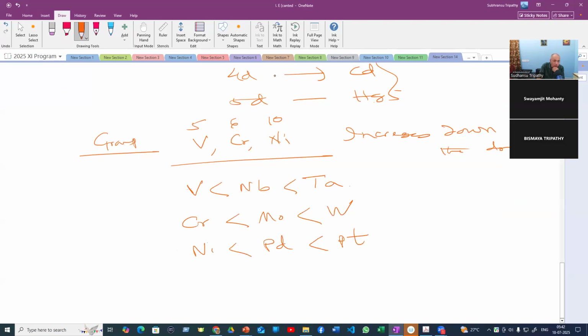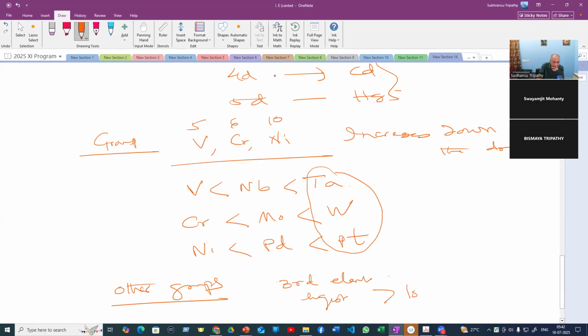And in other groups, the third element is the highest. Here also the third element is highest, but here there is a difference: third element, then first element, then second element.